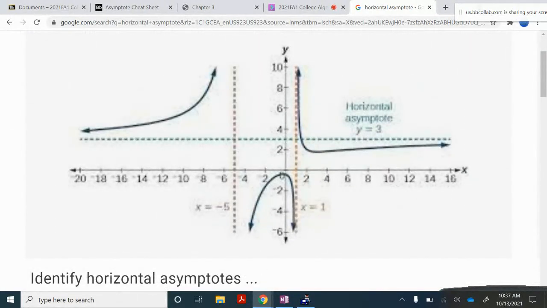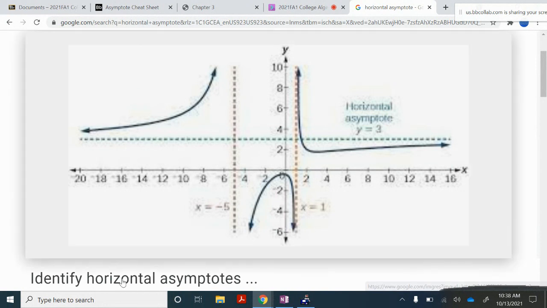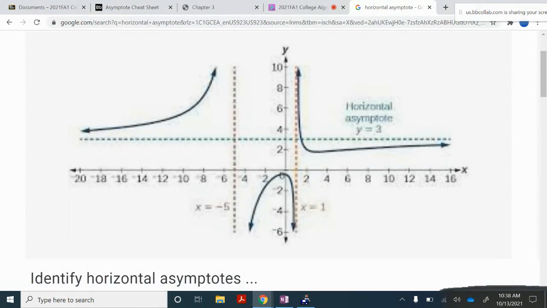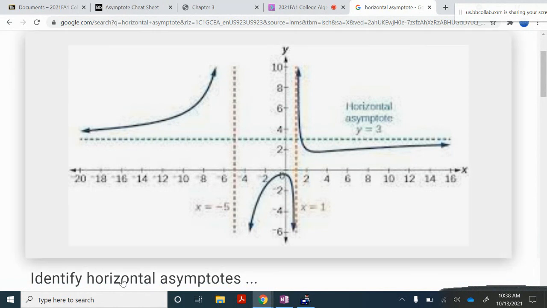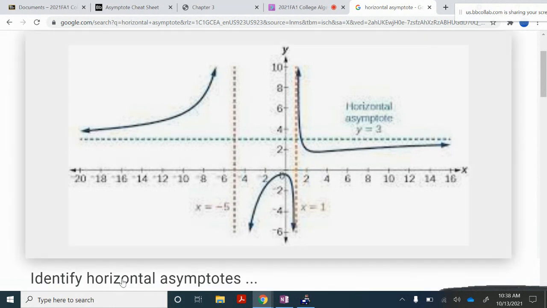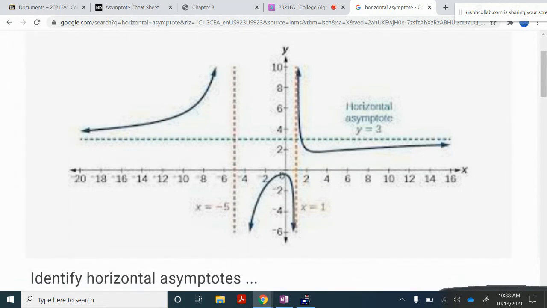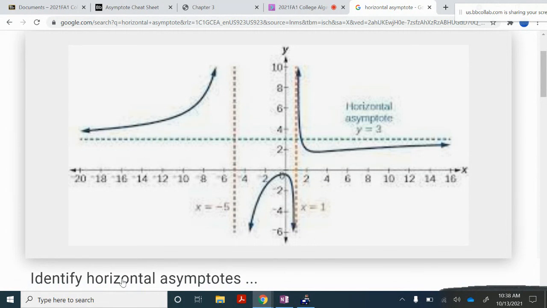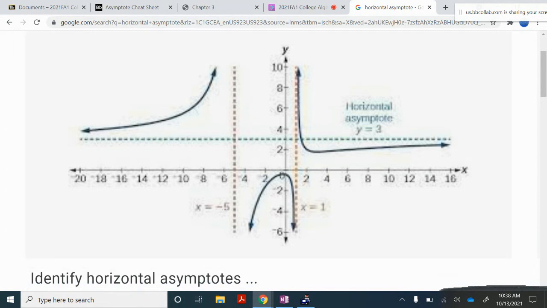This says identify horizontal asymptotes, but this actually has horizontal and vertical. We'll take a look at this horizontal and notice this green dotted line. That would serve as a horizontal asymptote because our graph gets closer and closer to that line, but never actually touches it. And also on this side, it gets closer and closer to this horizontal line, which has the equation y equal to 3. So that would be considered the horizontal asymptote.